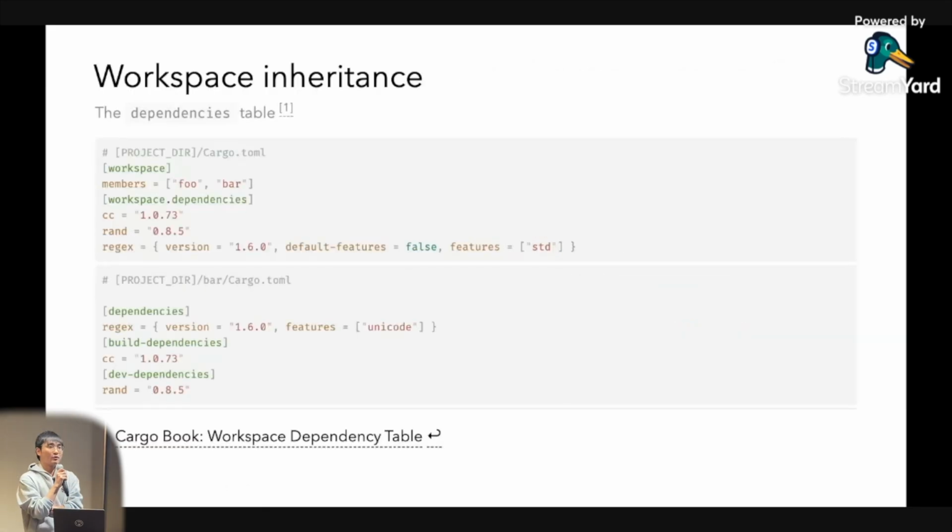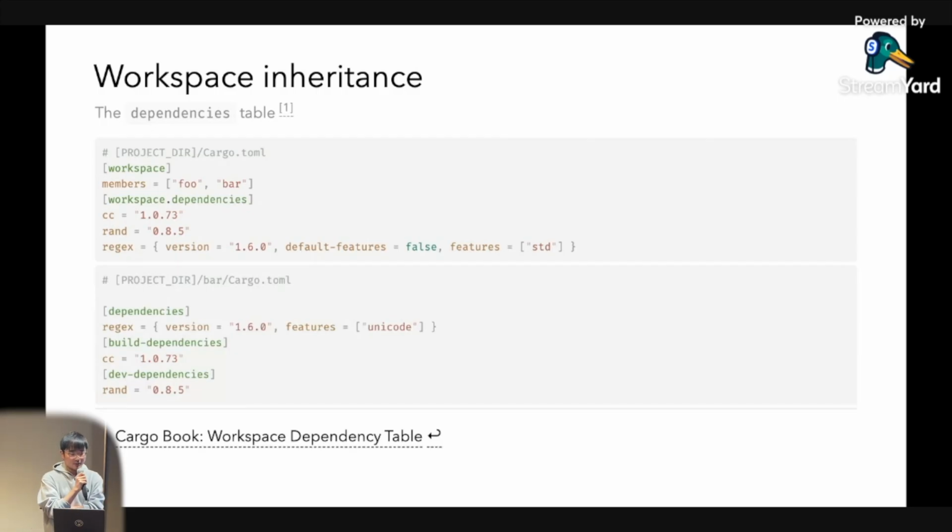When you set up a big project, most of your crates share common dependencies. But it's really hard to maintain those dependencies, especially when you have different feature sets or different versions, so you have to repeat those requirements again and again in different crates.